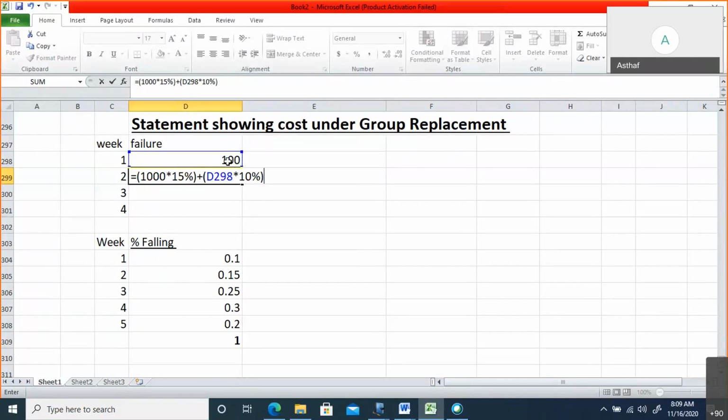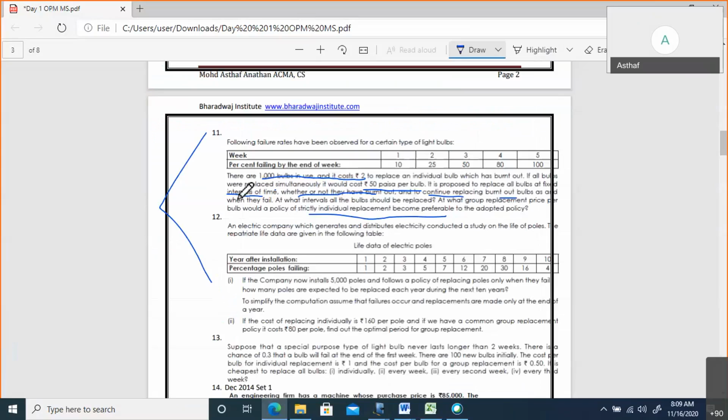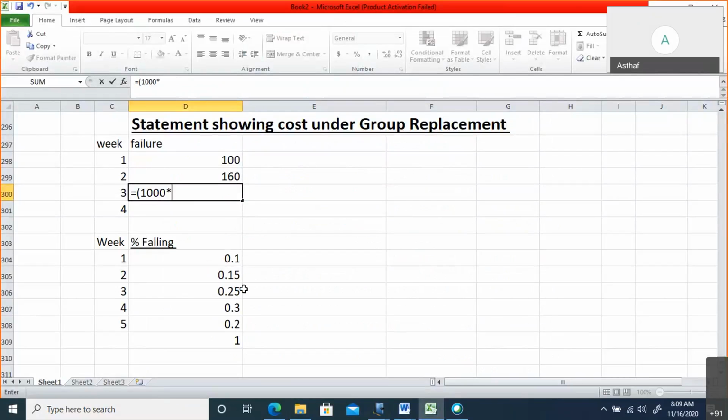So this is very important. 1,000 will become the second week, but the first week's 100 is now fresh, so 10%. Now again one more so you will get more clarity. We have 1,000 that will reach the third week, which is 25%.